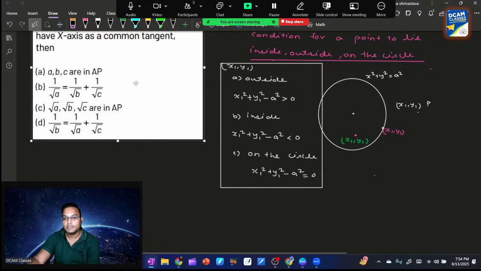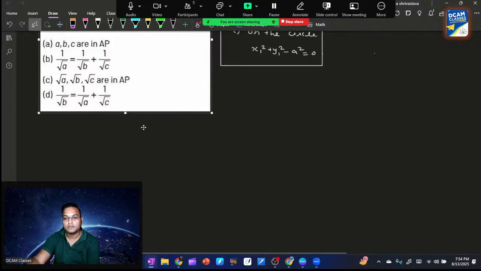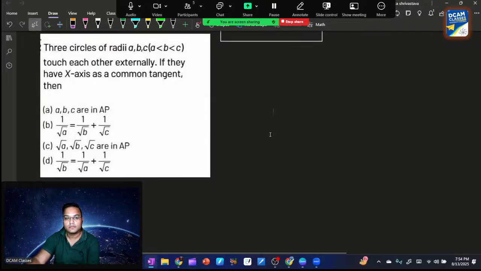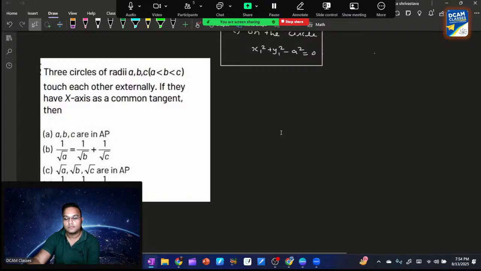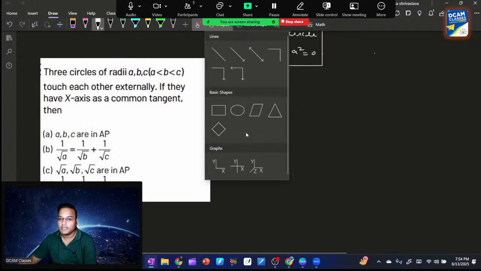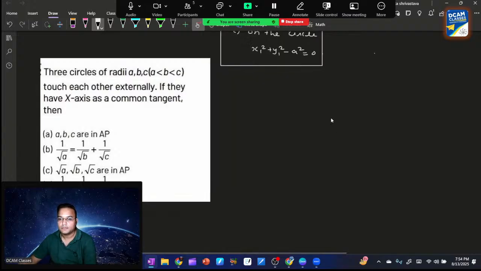So did you understand this question? This one? Actually, how these circles are: one is like this, the other is like this, it's touching.